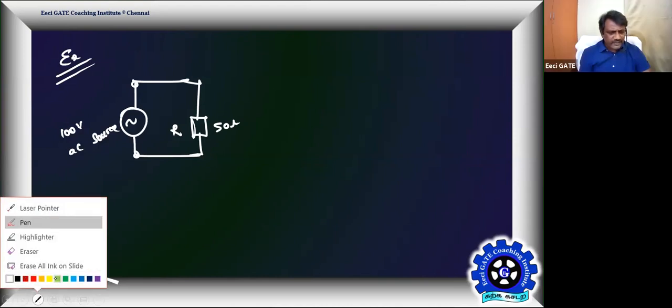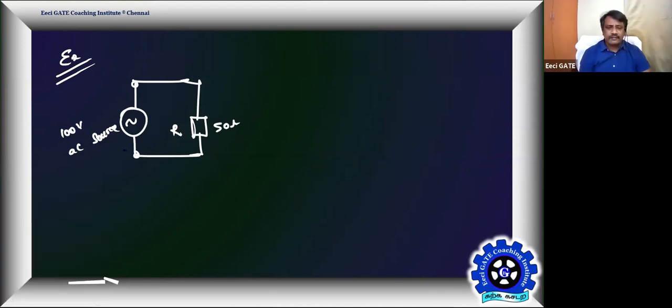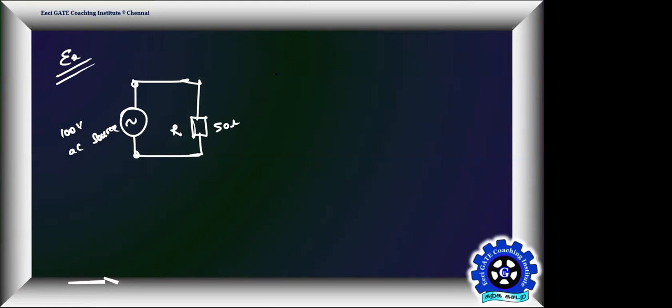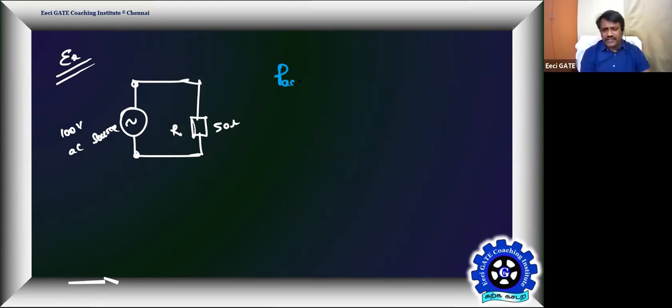I don't put plus minus. 100. Yes, what's the power delivered by the AC source? 100, 200. Okay. So the AC power means it's average power. That's only the effective power.